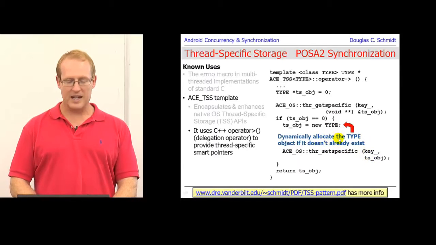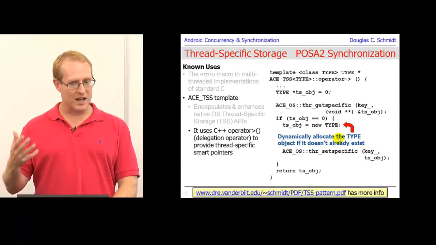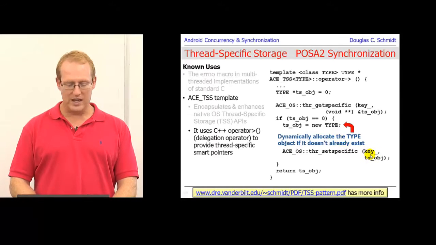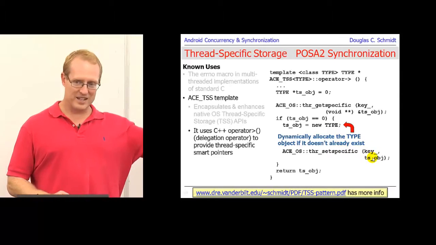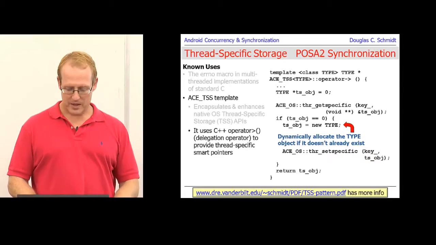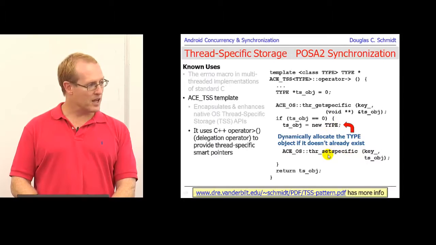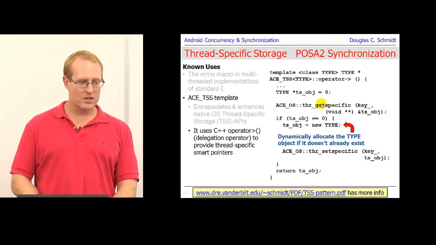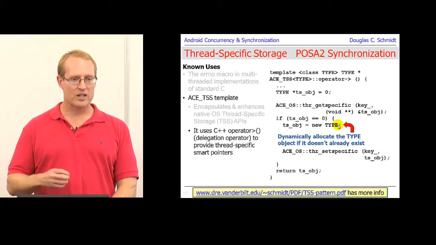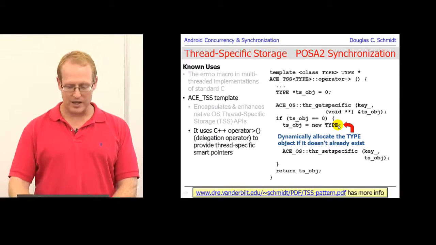So it dynamically allocates the type if the object doesn't already exist, and it stores it in that thread in its thread-specific object set. And when it's all done, it returns the pointer to the allocated object. So either you allocated it this time, or this is a subsequent time through this particular code, and so it just returns a reference or a pointer to it at that point.